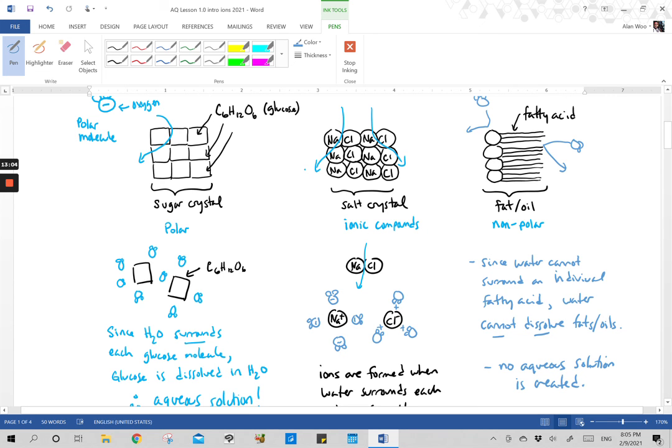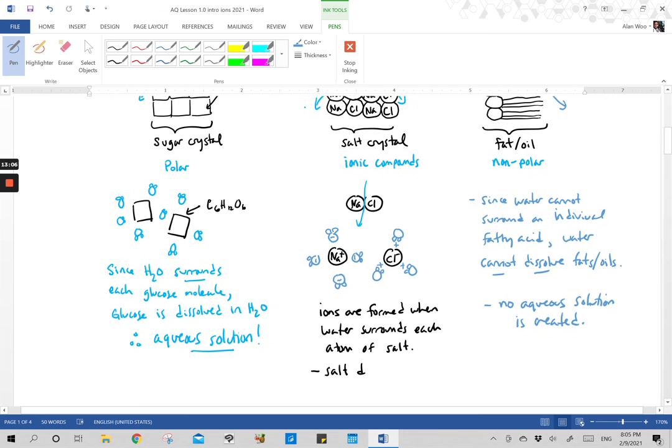So hopefully this series of diagrams helps with the explanation of what can dissolve and what cannot. Typically, we have a saying, like dissolves like. So polar substances and ionic compounds are similar enough for water to dissolve them. But fats and oils are not similar in polarity to ionic compounds and polar substances.